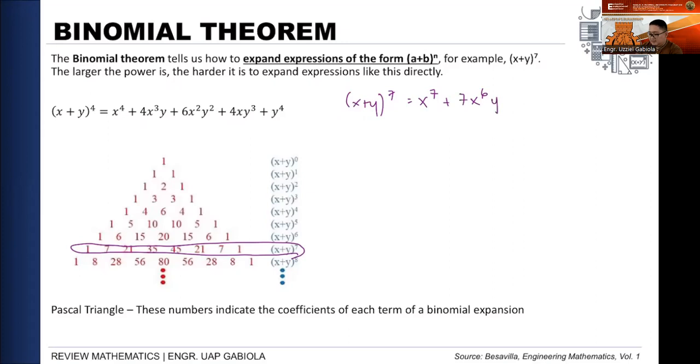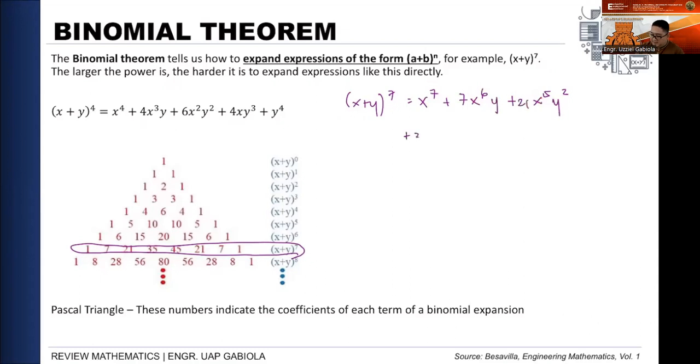Okay? Next. Yung kasunod na term will be x to the 5th kasi nag-minus ka ng 1. So, yung y dadagdagan mo ng 2. Dapat yung sum ng mga exponent natin for each term, always 7 yung kanyang sum. And then, ang coefficient niyan will be 21.